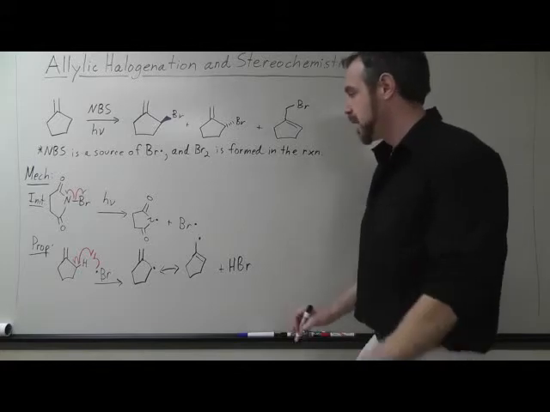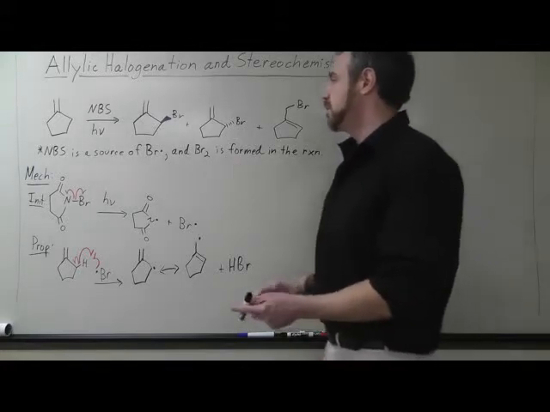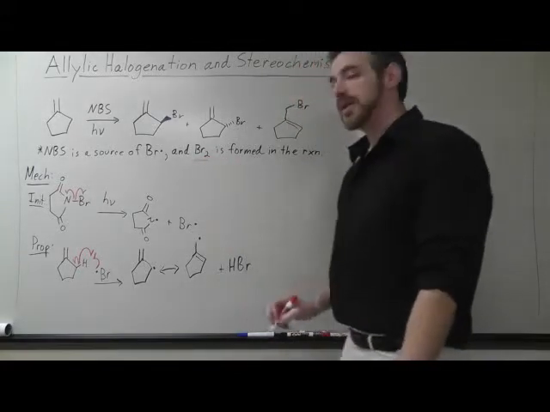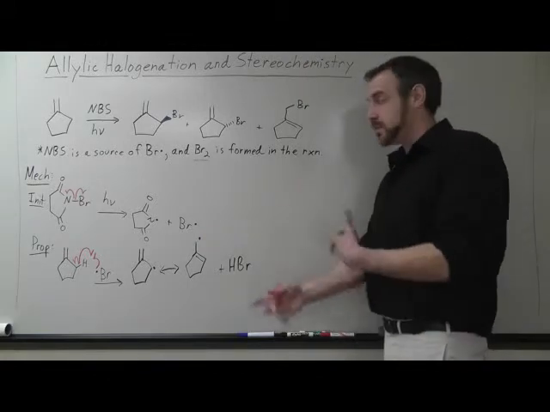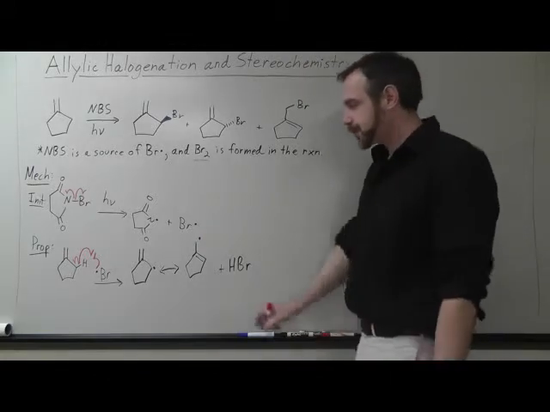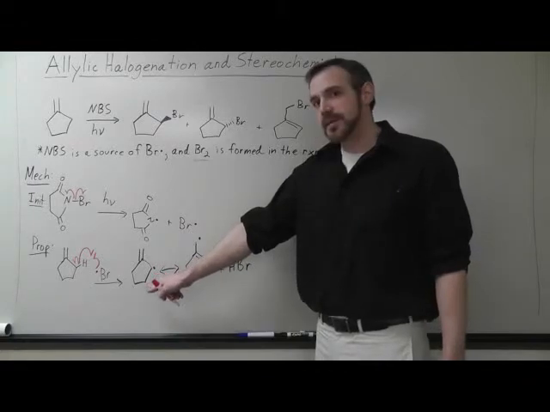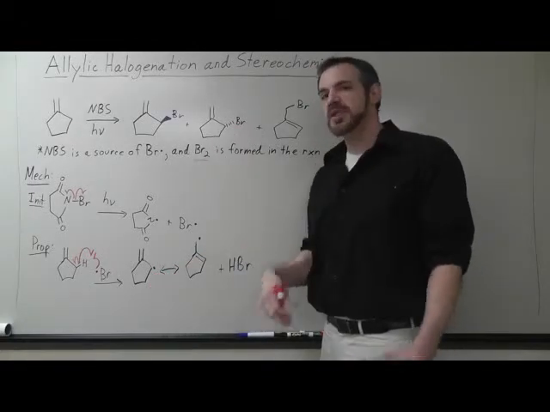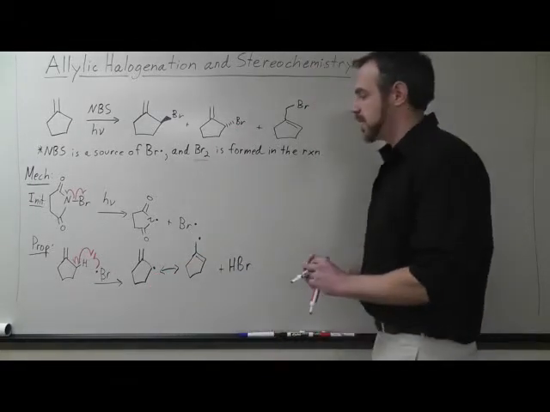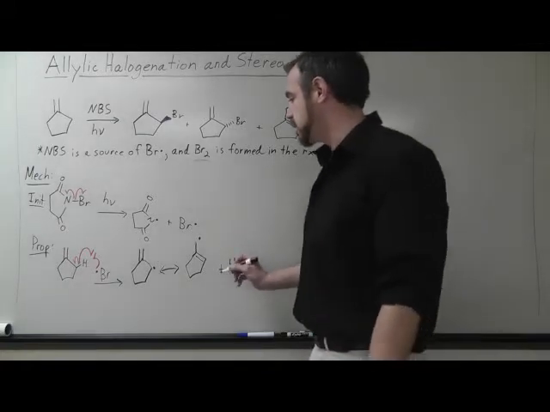And so since bromine is present in the reaction mixture, when it starts to get going, the most likely formation of these products would be just from bromine, and that's easier to draw in the mechanism anyway, but it's also the most correct.